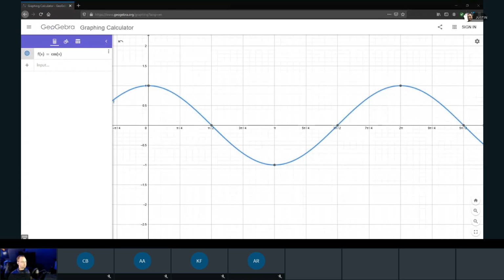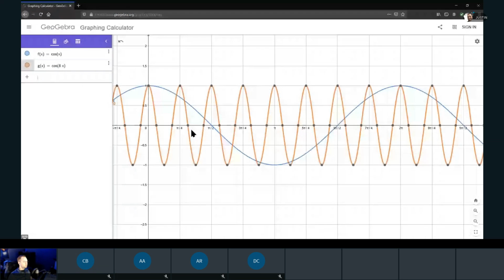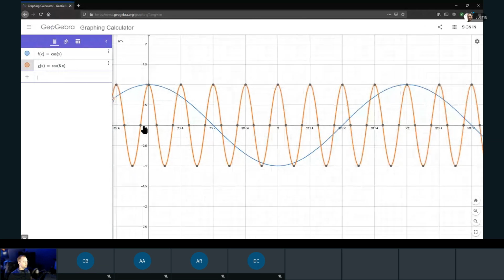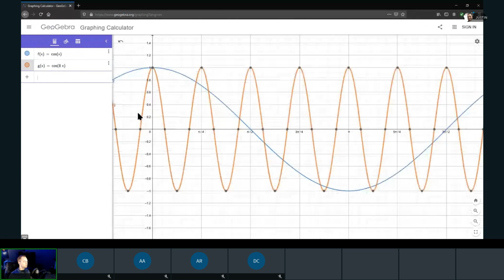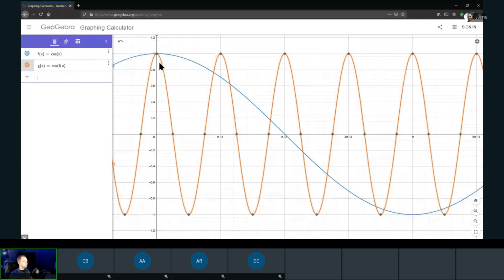I forget. Cosine of 8x? Okay, thank you. See if that changes. So we go from 2 pi to pi over 4. Yep. It goes down, then up again. Then at this point, we start to repeat, and that's at pi over 4. So we got what we expected, pi over 4.